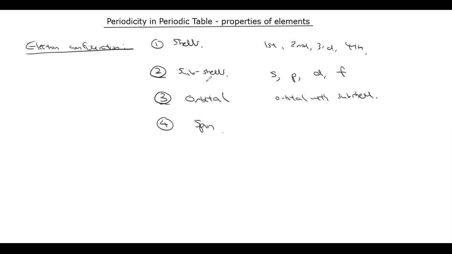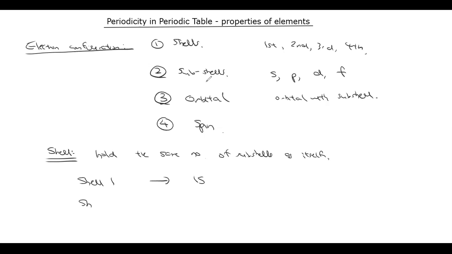Your basic rules are simple. Each shell can only hold the same number of subshells as its own number. For example, shell 1 can only hold the 1s subshell.